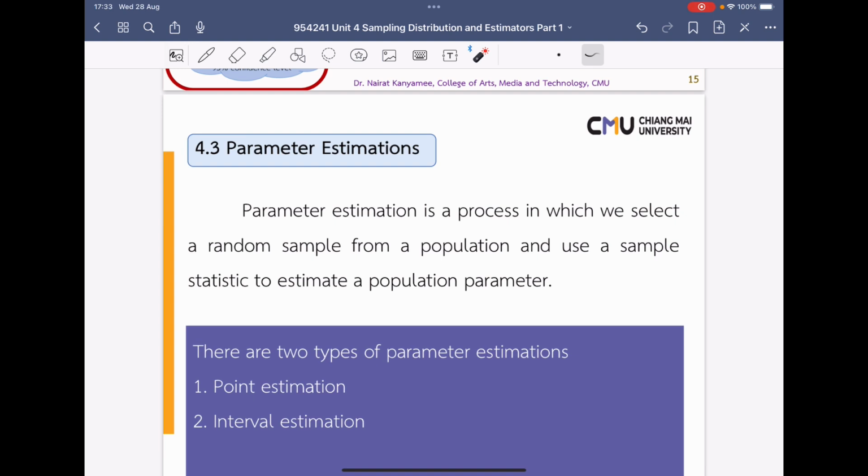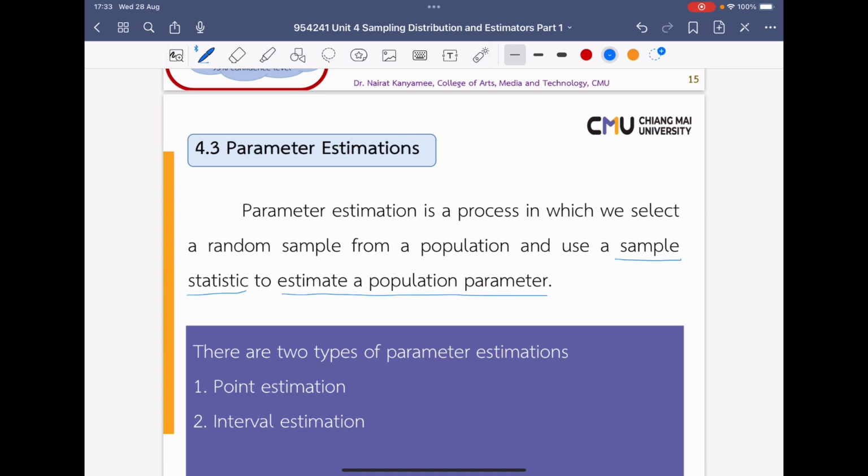Parameter estimation is a process in which we select a random sample from a population and use a sample statistic to estimate the population parameter. For example, we use sample mean, sample standard deviation, sample variance, proportion, or whatever to estimate a population parameter, right?